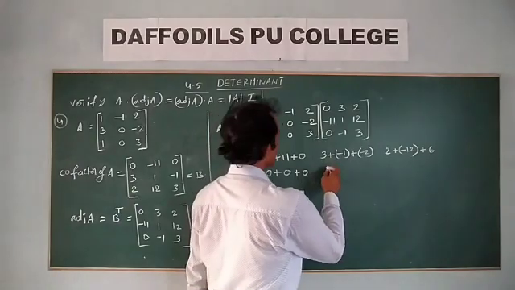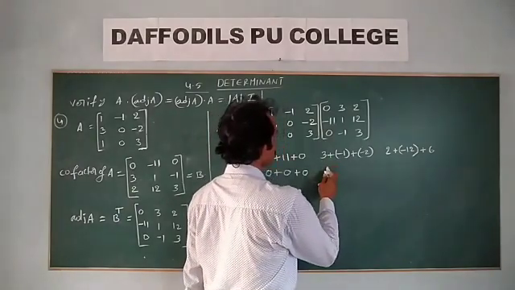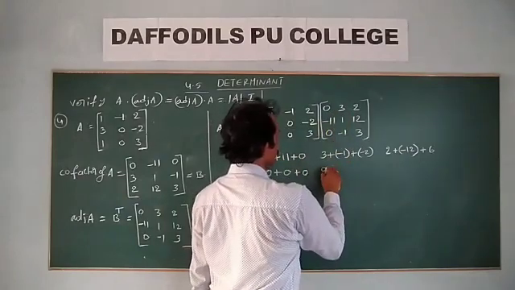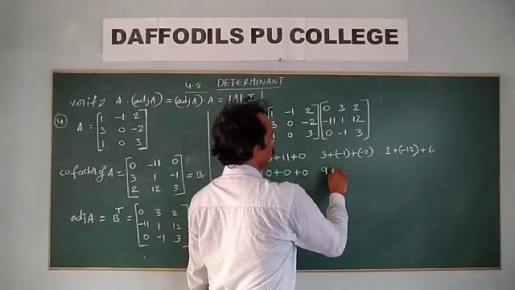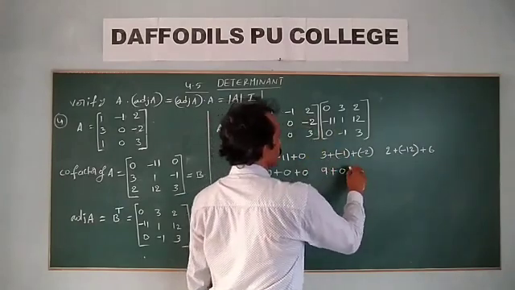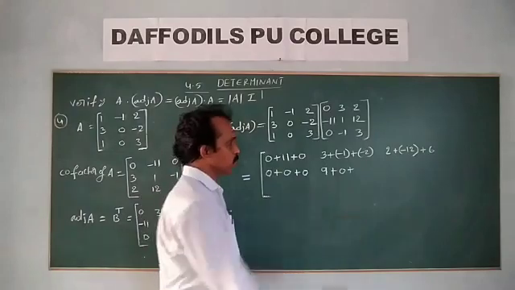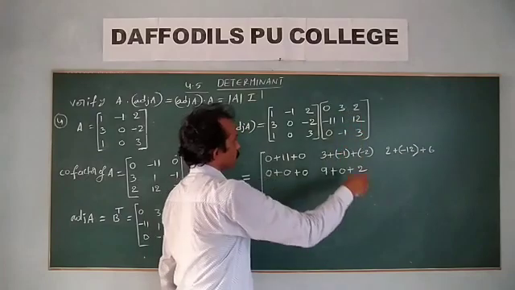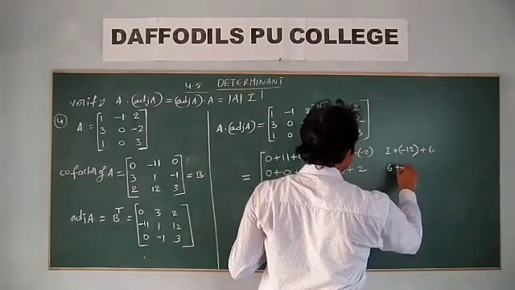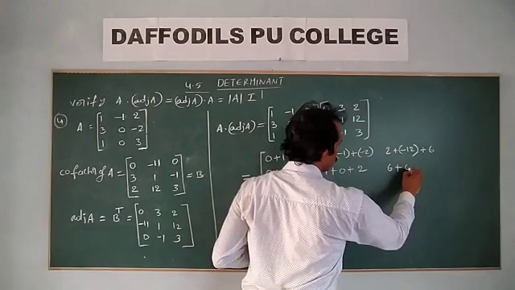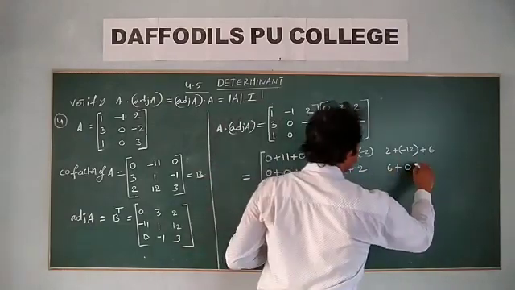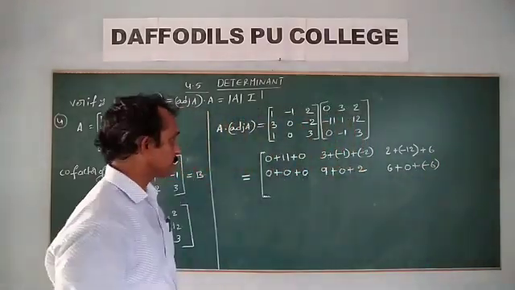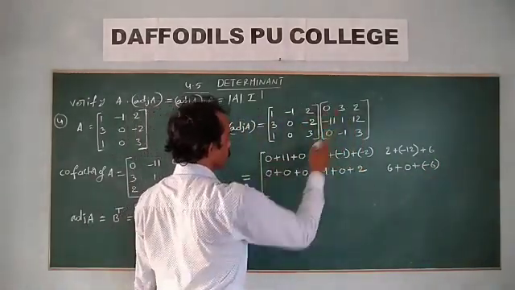Next, second row, second column: 3 into 3, 9, plus 0 into 1, 0, plus minus 2 into minus 1, plus 2. Next, second row, third column: 3 into 2, 6, plus 0 into 12, 0, plus minus 2 into 3, minus 6.